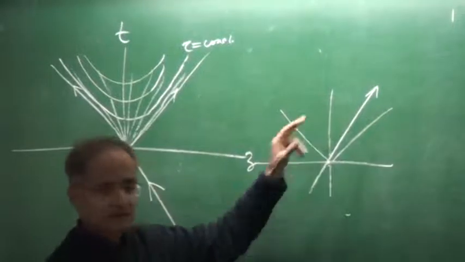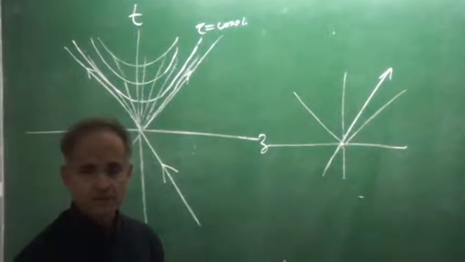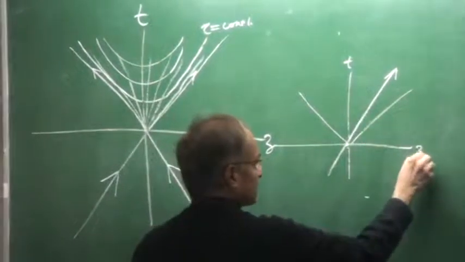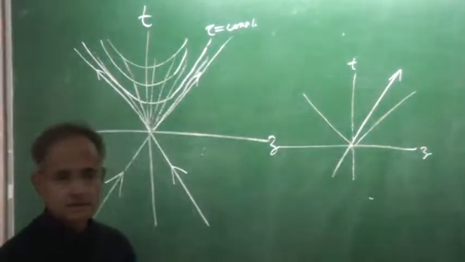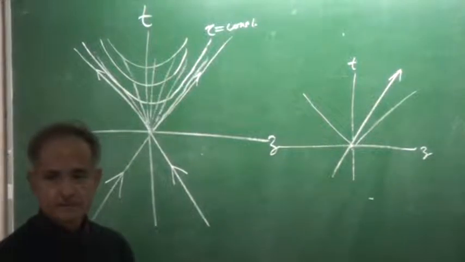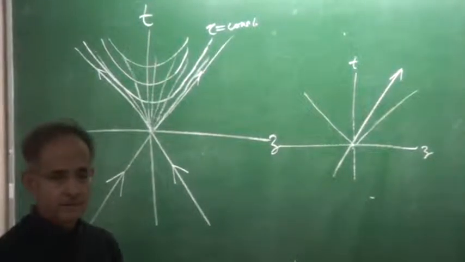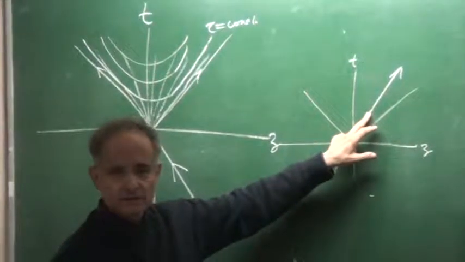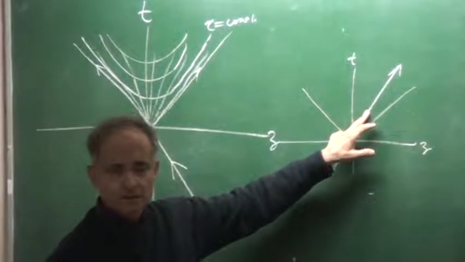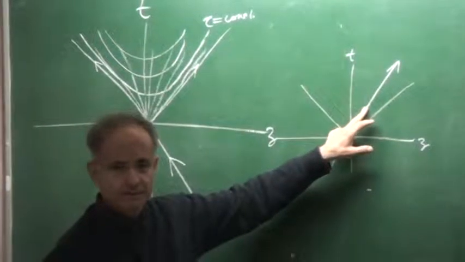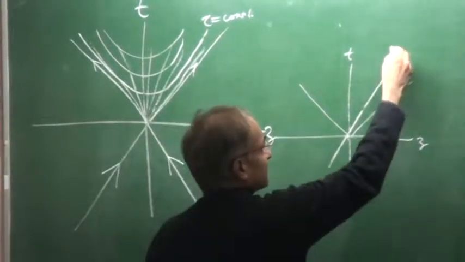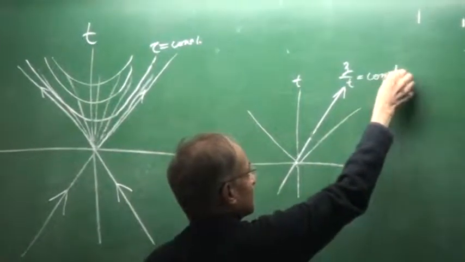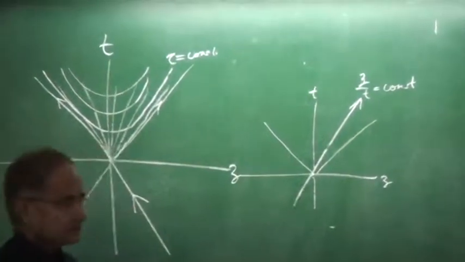What is the equation of this straight line? T equals some constant times z. In other words, z upon t is constant on this line, right?